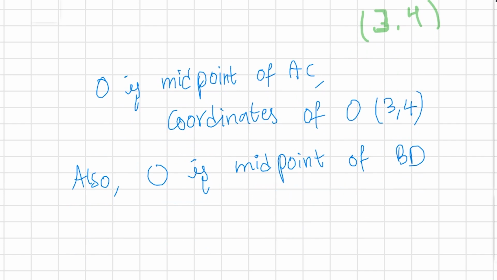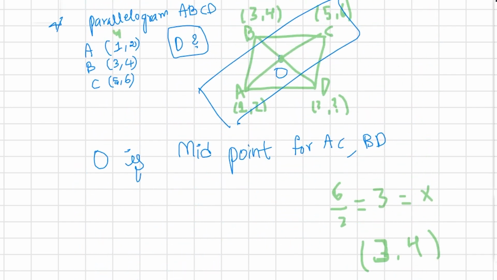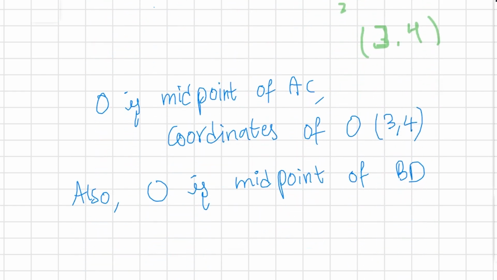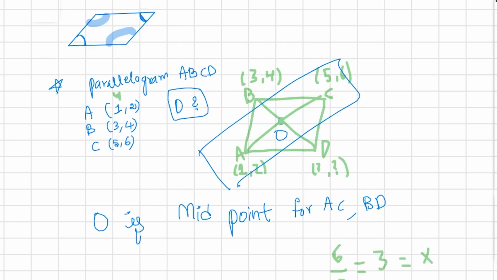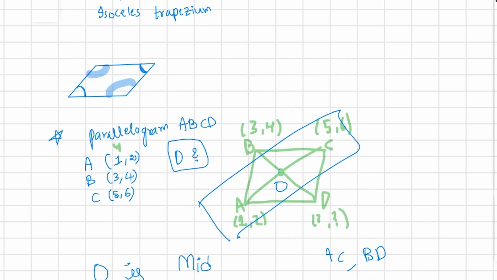So in the figure, can you look at the coordinates of B and D? The coordinates of B is 3 comma 4. And D we don't know, and O is also 3 comma 4.